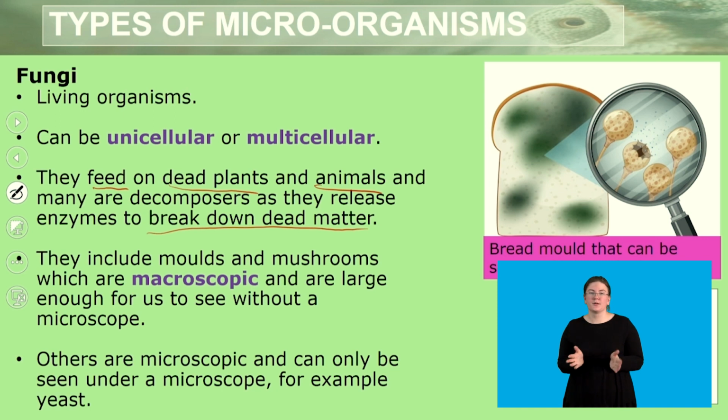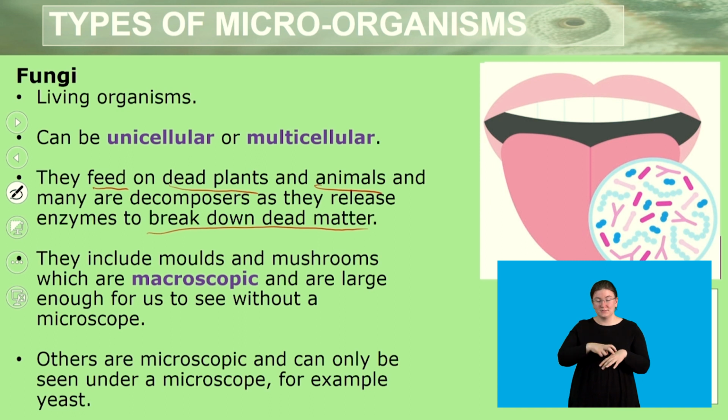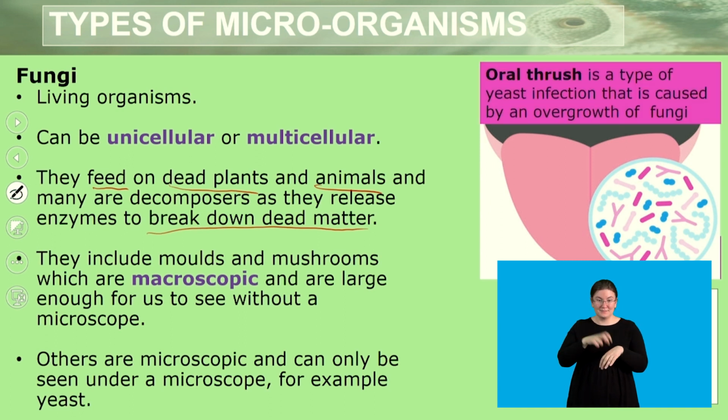And then you also have a fungi that is microscopic, and this can be seen under a microscope. For example, yeast. An example of a yeast that is microscopic would be if you have oral thrush. This is a type of yeast infection that occurs on your tongue or the inner lining of your mouth.